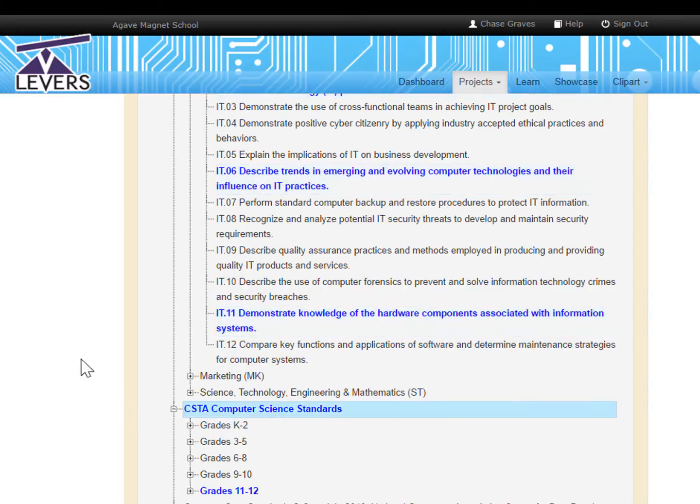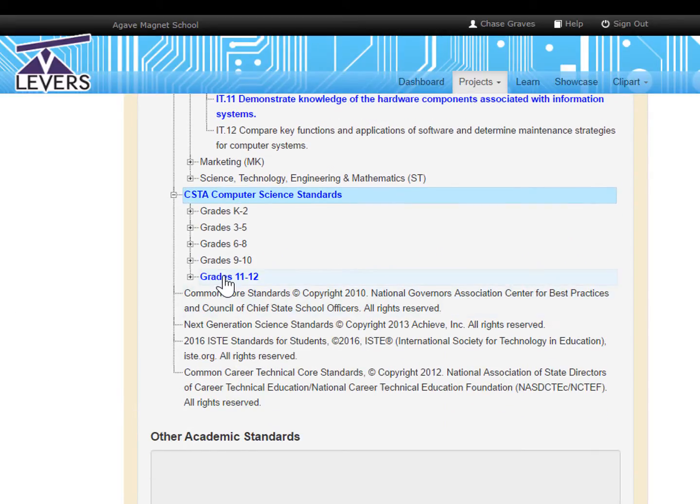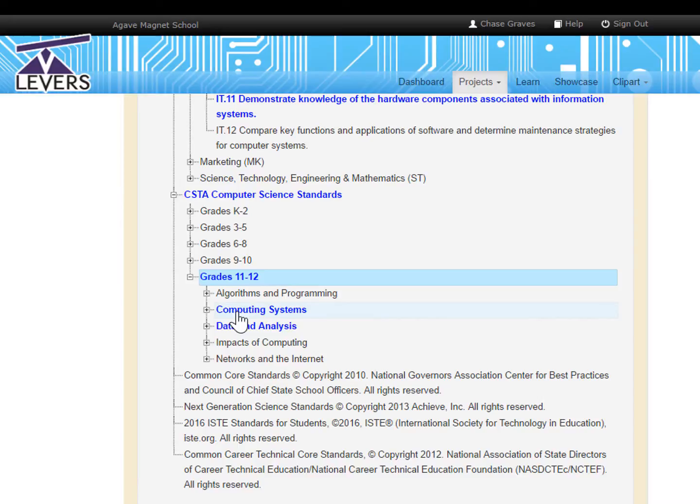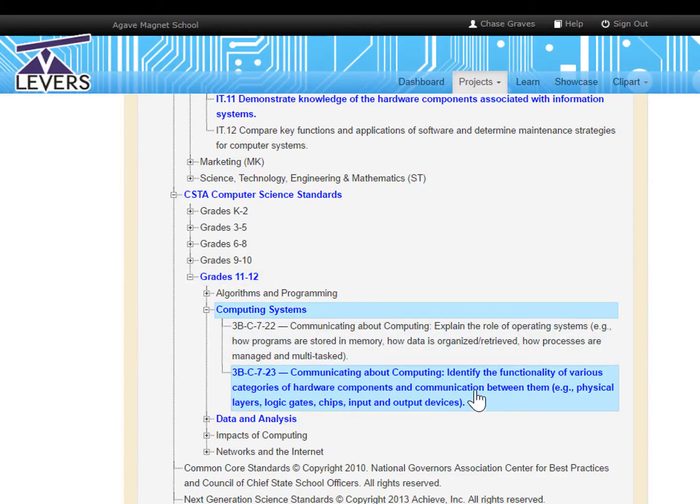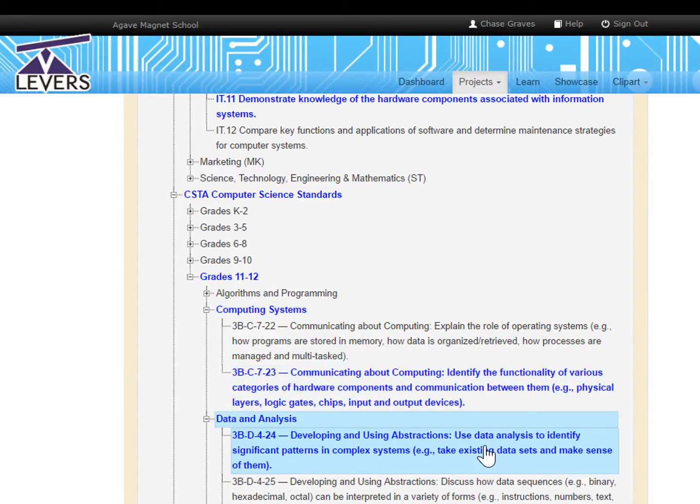He's also looking at the CSTA standards, Computer Science Teachers of America, in terms of communicating about computing, identifying the functionality of various categories, and he's also done some data analysis using abstractions.